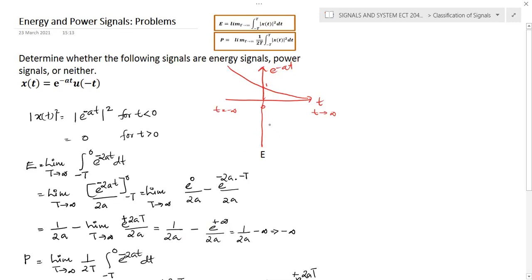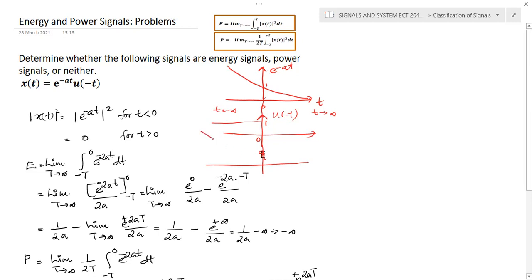We already discussed what u of minus t is, which is a left-sided sequence, and this is 1. And here this is u of minus t. If you multiply these two signals, you'll get a sequence which exists only on the negative side.